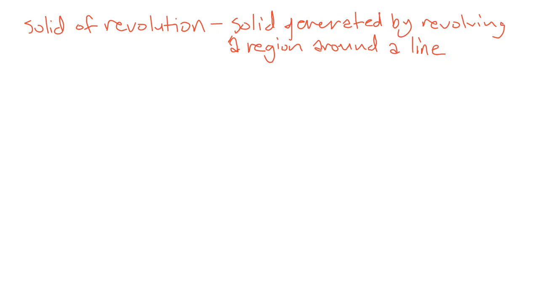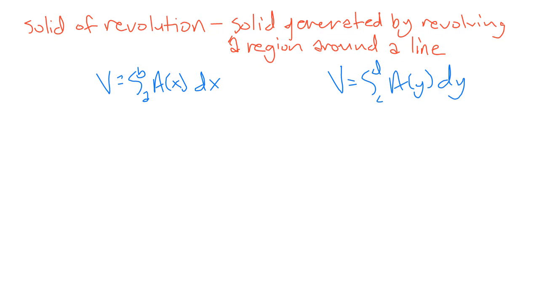And the volume of a solid of revolution is given by one of two formulas. We can get our volume going from x equals a to b of A of x dx, or we can have volume equal from y equals c to d of A of y dy. It just depends on what axis you're rotating around and which direction your r is going to be.